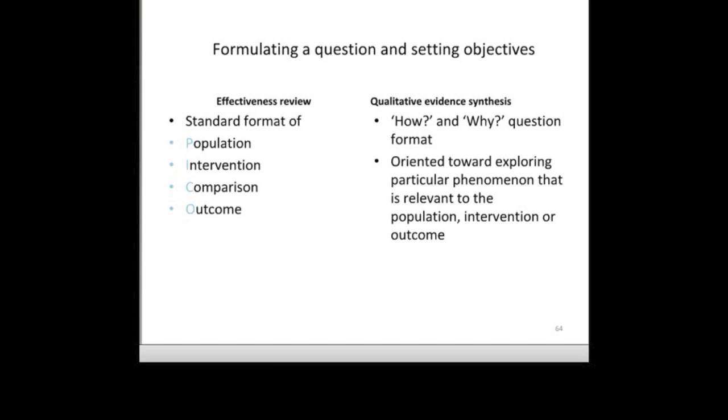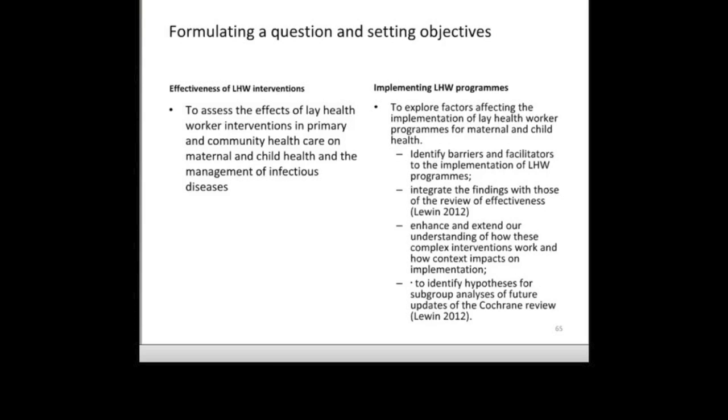Again, this is the way it has been done in the lay health worker review. So their question and objectives related to effectiveness of lay health worker interventions in primary and community health care on maternal and child health. And then if you compare that with the qualitative evidence bit, you see that they were actually interested in exploring factors affecting the implementation of lay health worker programs for maternal and child health.